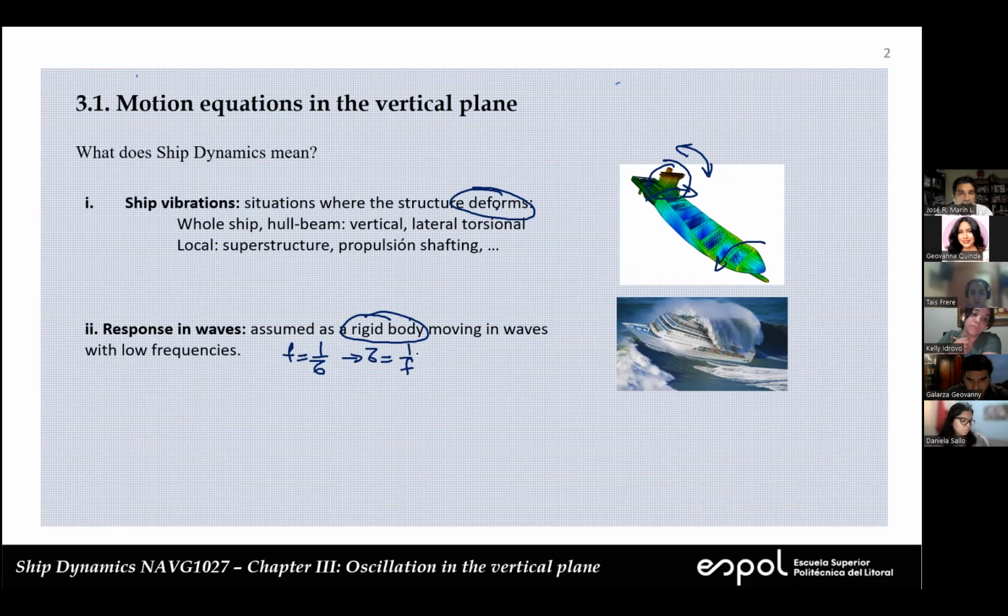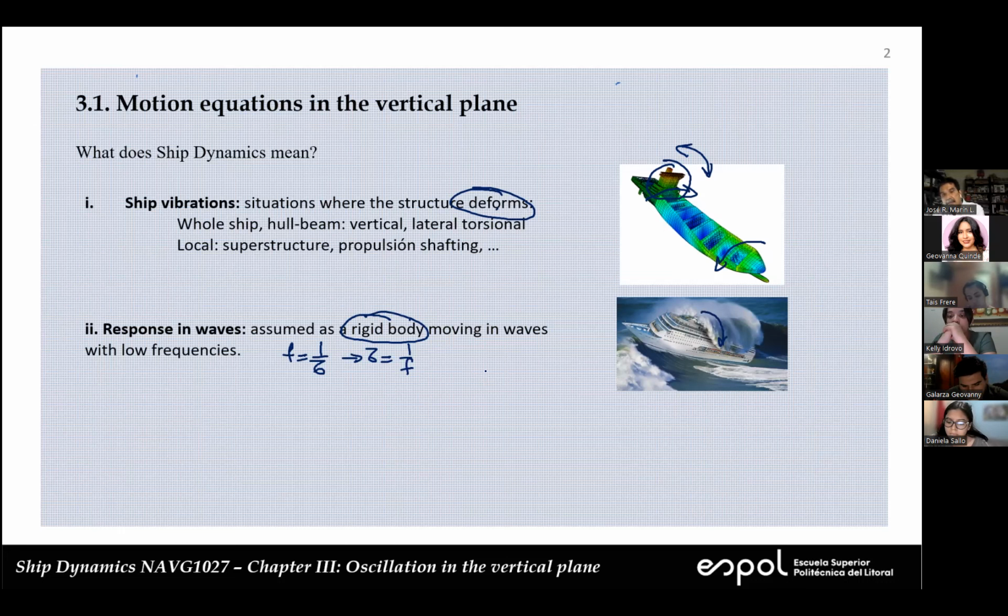So usually, when we talk about these phenomena, we describe them with the period, not with the frequency, because the frequency is so low. So you can see here, it's a huge ship in a huge wave. You see that there's some water coming above the ship.